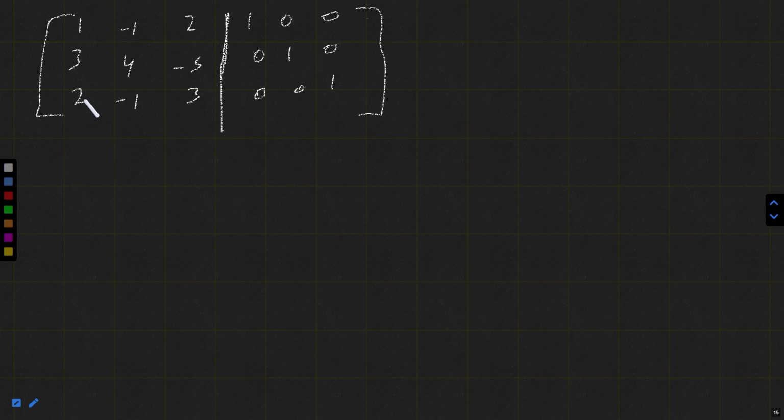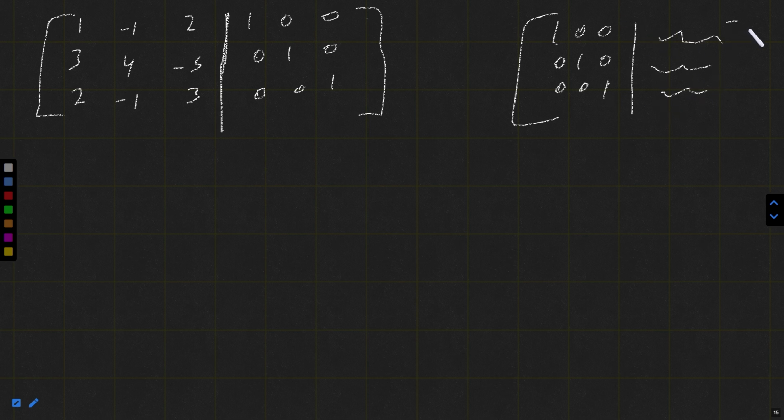The first operation: I want something like this, 1 0 0, 0 1 0, 0 0 1, and some matrix here. I have the number 1 at this position. Now I will be making all the numbers below this 1 zero. How will I do that?